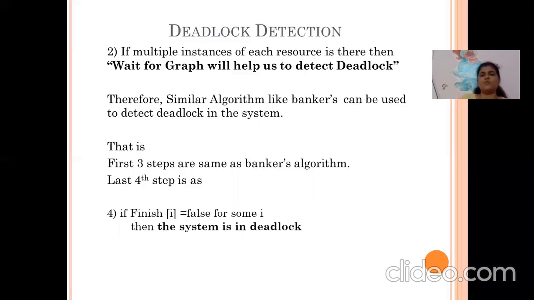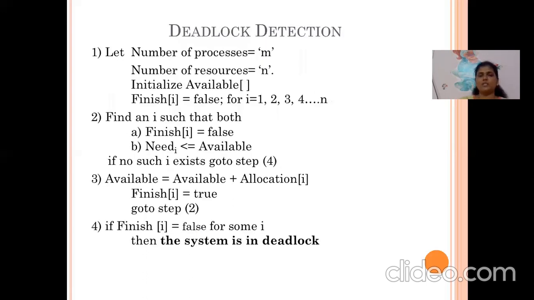The first three steps of Banker's algorithm we keep as they are, and the fourth step will be changed: if finish[i] is equal to false for any process i in the system, that is, if finish[i] is not true, then we say the system is in deadlock. This way we can detect the deadlock present in the system.